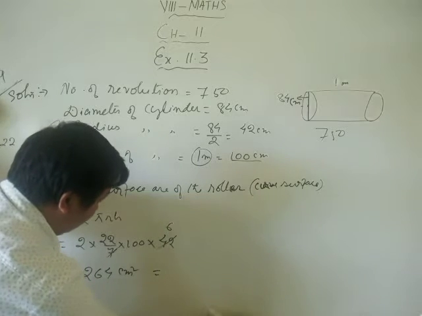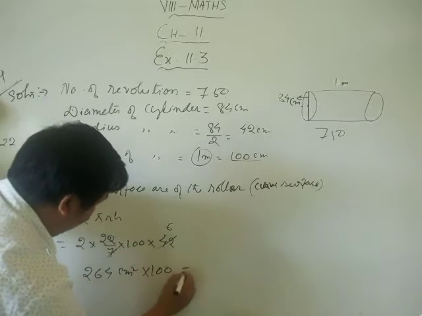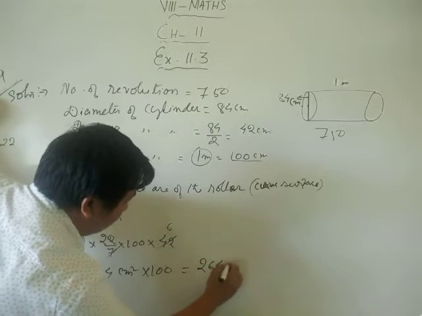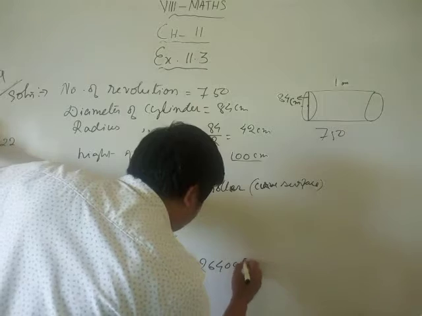We got here, so another 100 is here, isn't it? Another 100 is here. That means 26400. So what happened, my dear student? This is centimeter square.